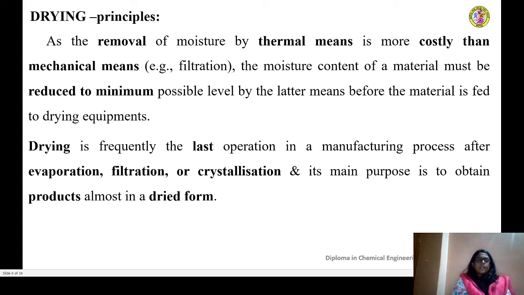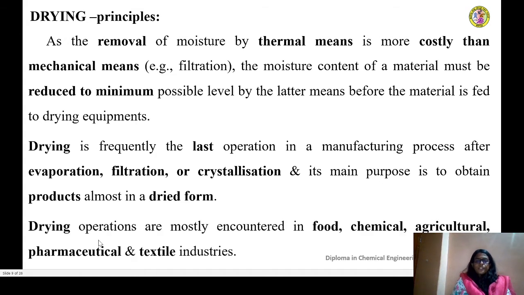So the crystals after getting separated from mother liquor will still be wet because traces of mother liquor will be adhered to the surface of crystals. So if you want to use these crystals for further finishing operations, first you need to remove those traces of liquor present on the surface of crystals. So that is when the drying comes into the picture in the sequence of a manufacturing process.